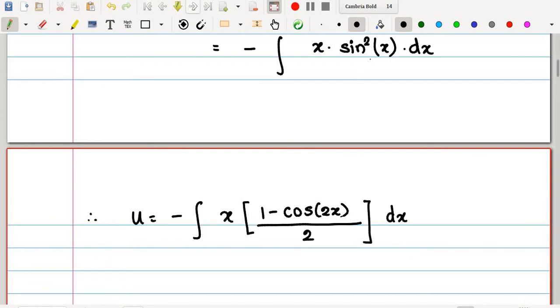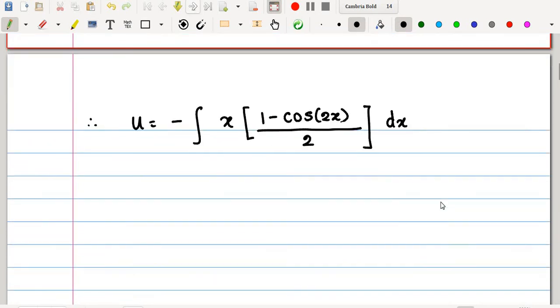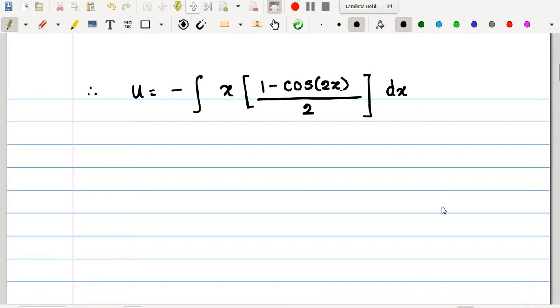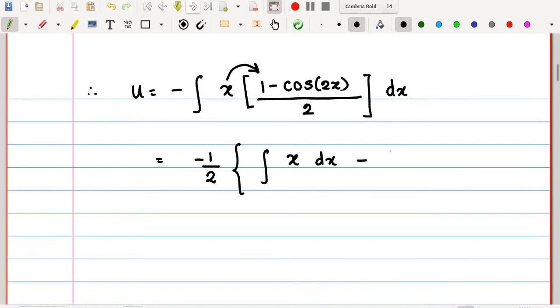We cannot evaluate this integral because of the non-linear trigonometric function, so we use substitution to convert that non-linear trigonometric function into linear form. Now we can simplify it: if we take minus 1 upon 2 outside the integral sign, then our integration reduces to, so we multiply x to this constant, then take this x multiplied to cos 2x. So this will be x into cos 2x.